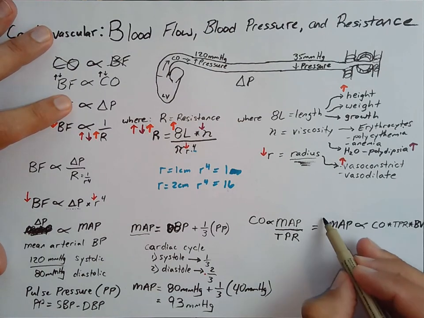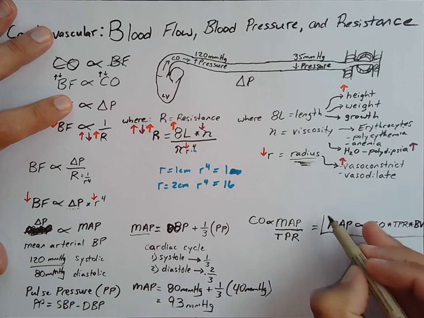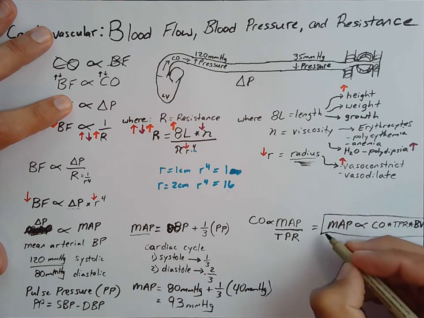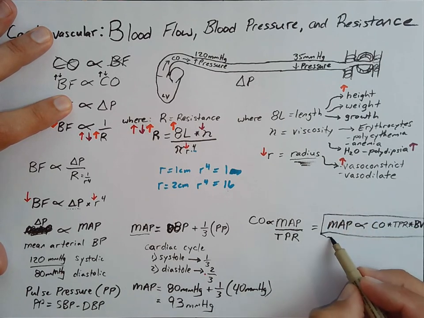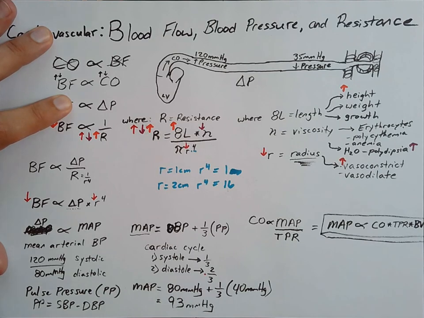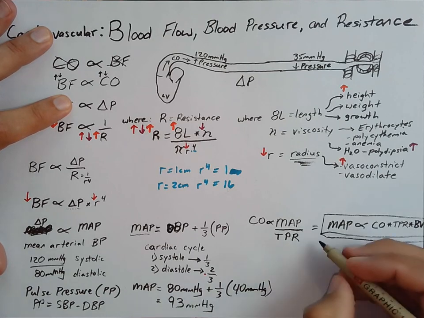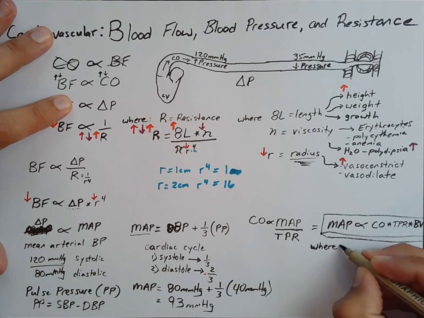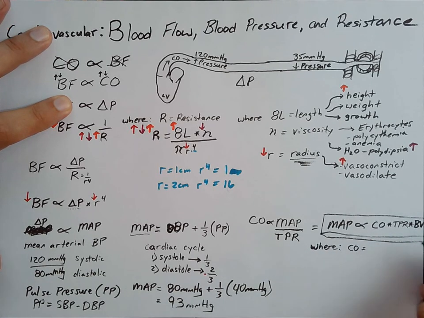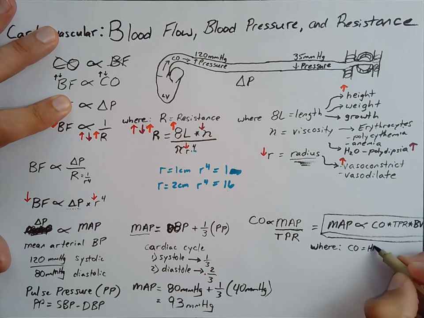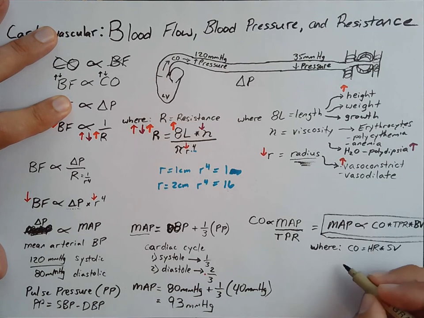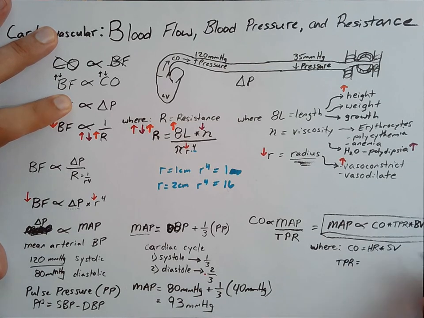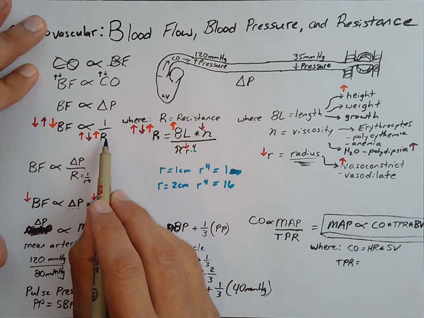So ultimately, when you guys are going to talk about blood pressure, I hope you guys end up writing this equation down, where, we'll go ahead and finish it off like this, cardiac output equals heart rate times stroke volume, where resistance or total peripheral resistance, well, that's just the resistance we talked about up here, right?